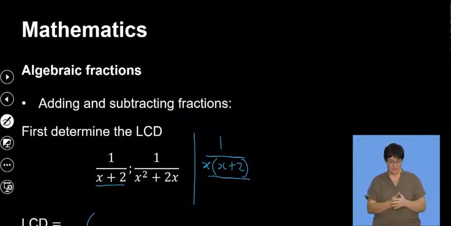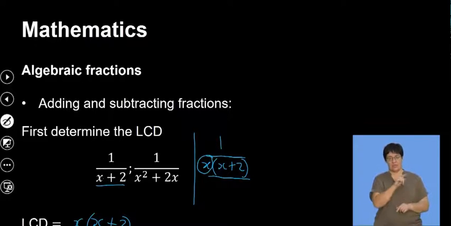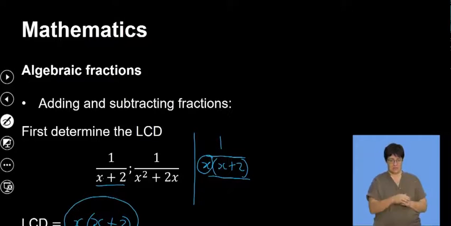So I already have x plus 2 as my lowest common denominator. And then I also need x there. So it becomes x out there. Then you will multiply each term by whatever factor you must multiply it by in order to get that denominator that I have there.